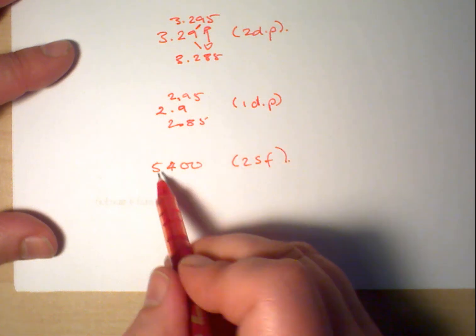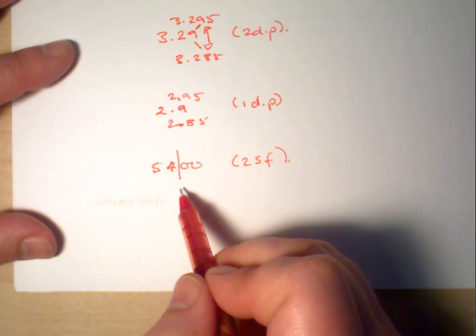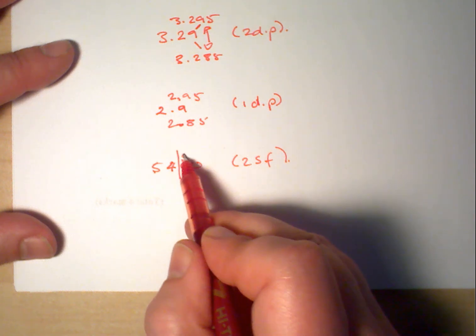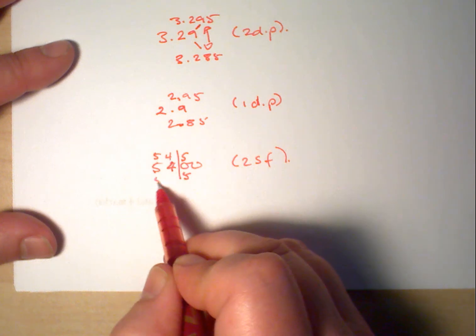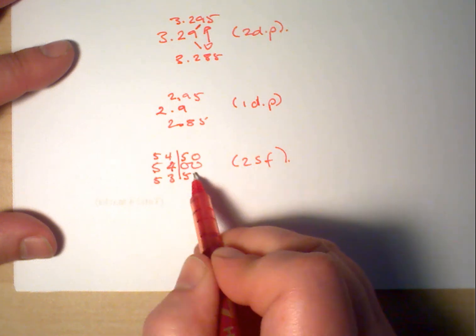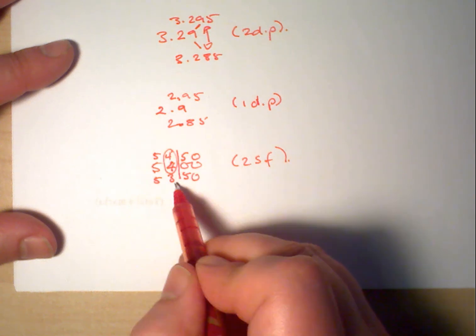Here's your second significant figure, and this is where I'm going to put the 5s. This is going to remain the same, and this is going to go a tick down. So notice that these two are the same, and this is one lower.